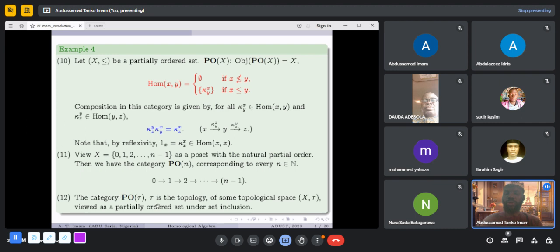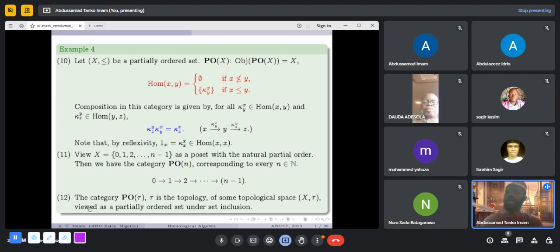And then we also have another special case of this example 10, which we present here in example 12, as the category Pos of tau, where tau is a topology of some topological space. If you have a topological space x comma tau, you can view this topology as a partially ordered set under set inclusion, because elements of tau are subsets of x. So you can say a subset is less than or equal to some other subset if it is contained in it.